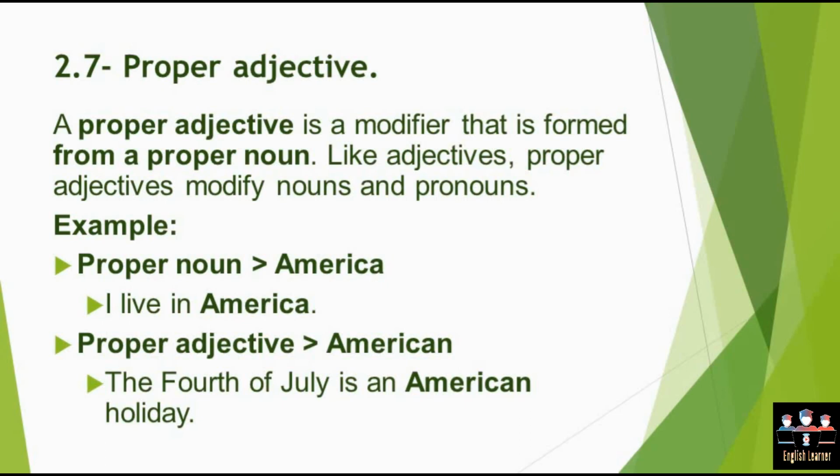Like adjectives, proper adjectives modify nouns or pronouns. For example, I am going to take the proper noun America, and I make a proper adjective from a proper noun. You may also say the proper noun is China, and you are going to make the proper adjective Chinese.